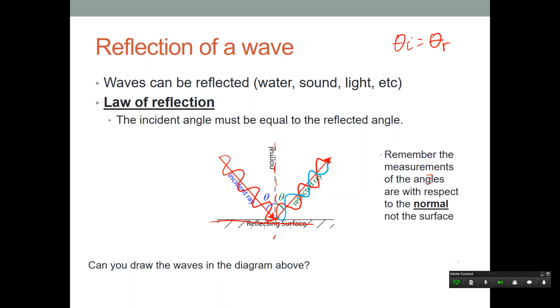Now think about a wave on a string, and it's colliding with a fixed object. What happens to the wave after it collides with a fixed object? It's inverted, right? So which one is it going to be? Blue.